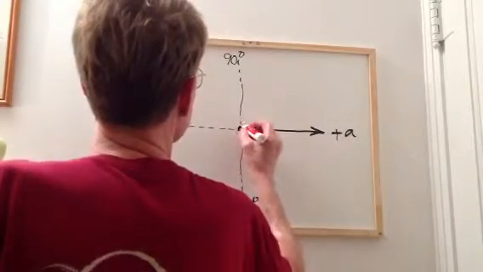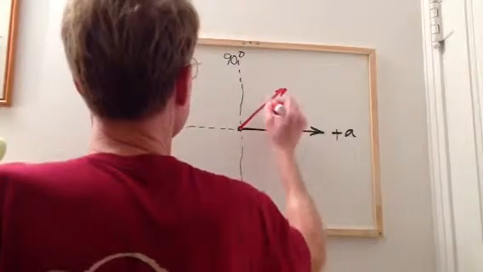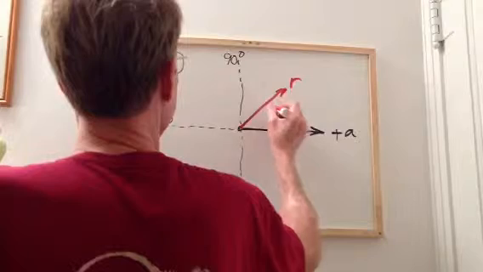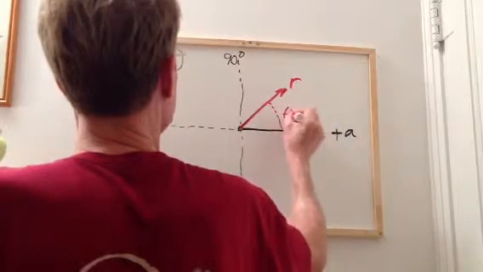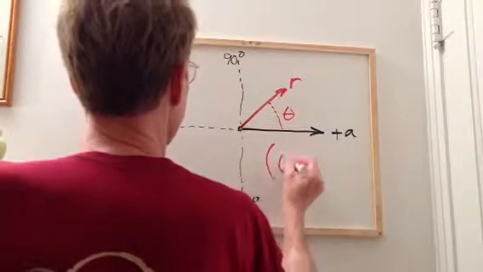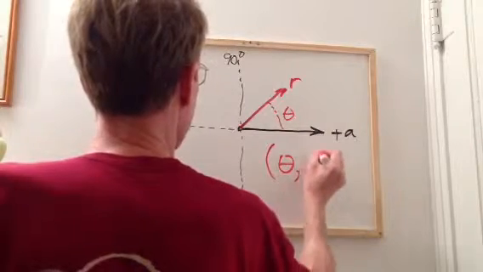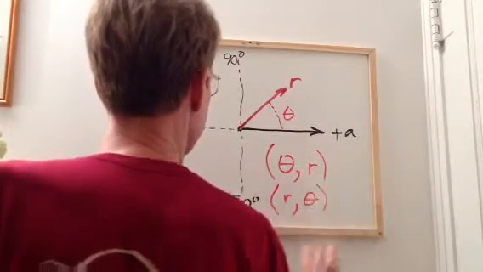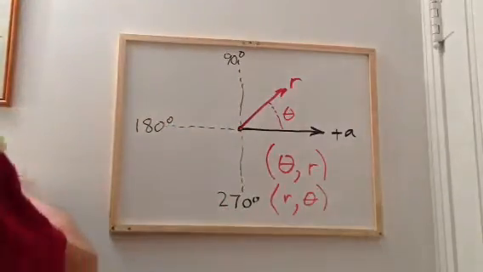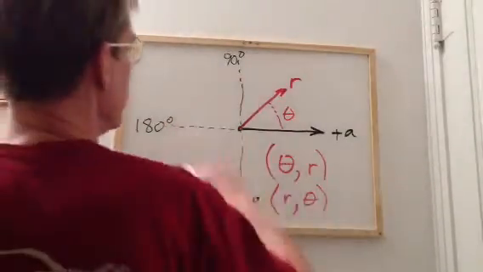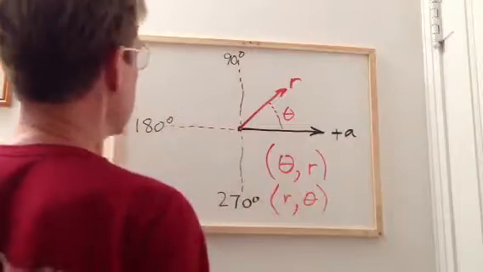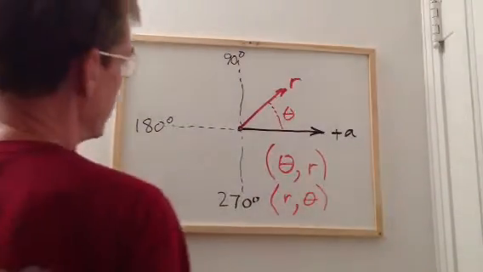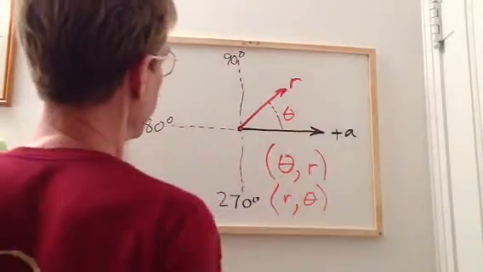So if we have a vector, say, going up like this, we have a radius r and an angle theta, and we can represent that as theta r, or if you prefer r theta. Depends which one you want to call the independent variable. We've been through this in previous episodes of this primer, but I'm just reiterating it now.